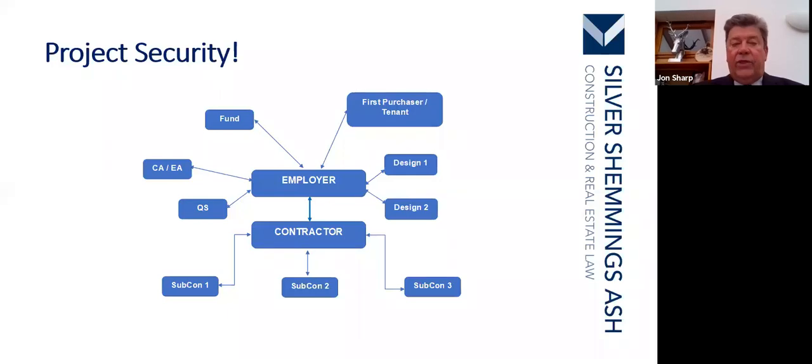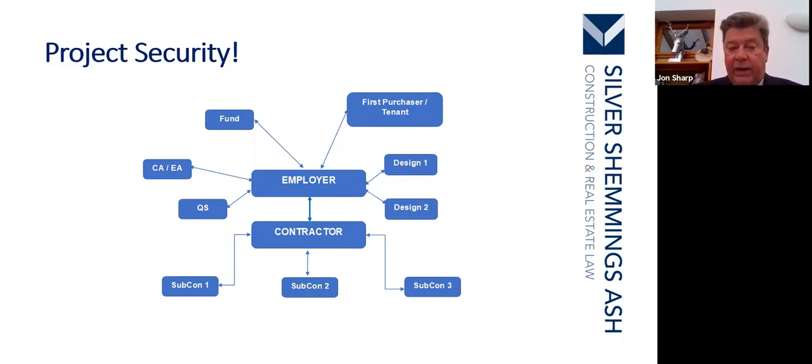Now here are 3 slides which show you the contractual relationship between various parties to a construction project. The lines link them all together, and that's all well and good. So you have the employer who clearly has a contract with the contractor, who in turn has contracts with his subcontractors.